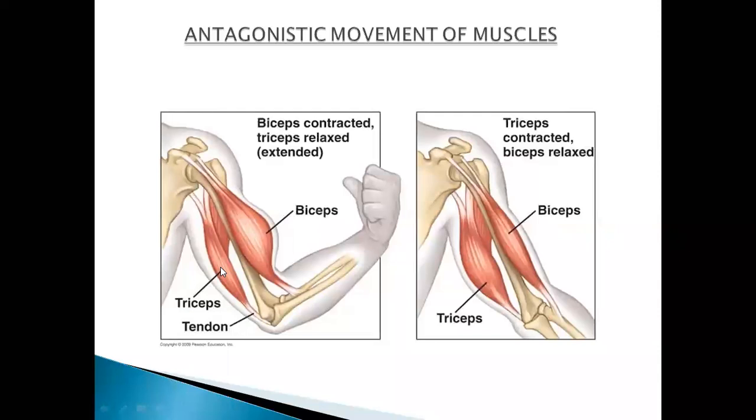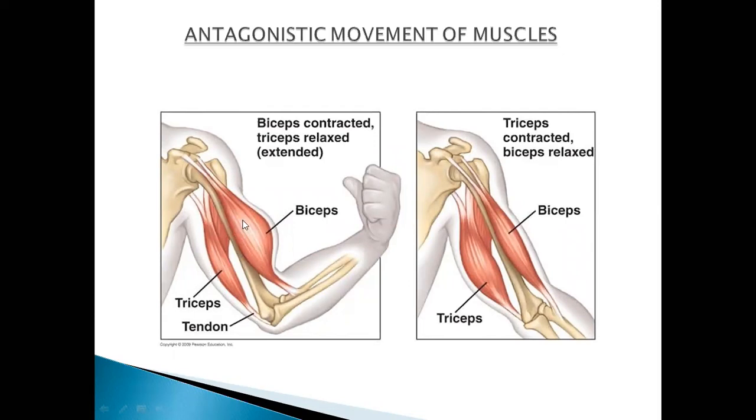Is it clear also? Yes, miss. It's easy now. Okay, first I told you about antagonism, where the two muscles have opposite jobs. One is contracting, the other is relaxing, and this is called antagonistic movement, right? After that, I told you about the flexor muscles and the extensor muscles.